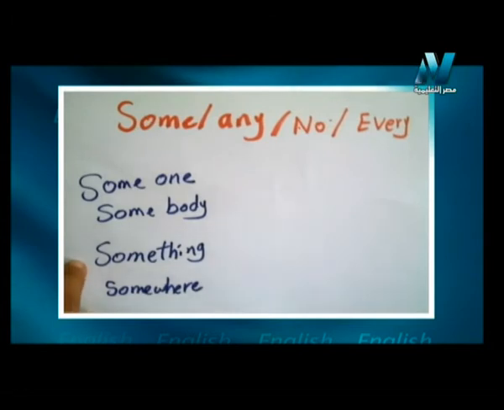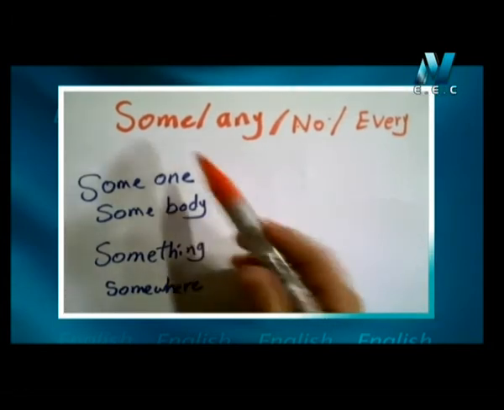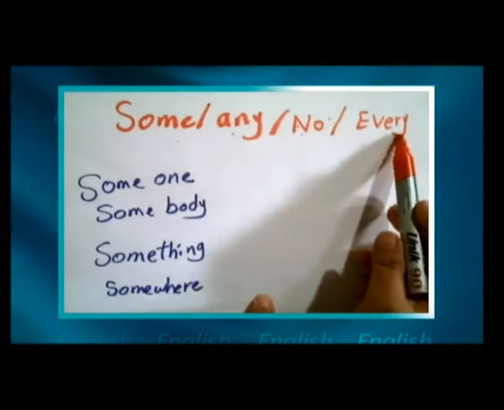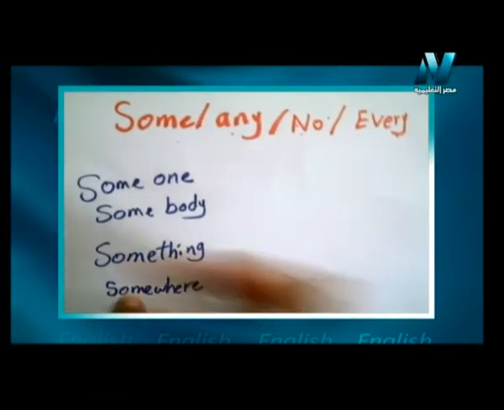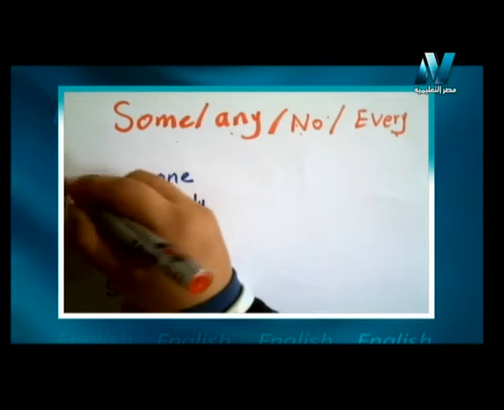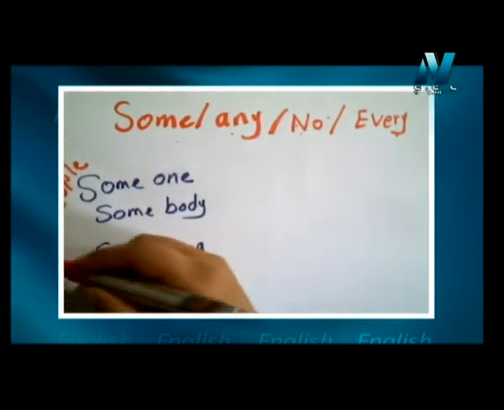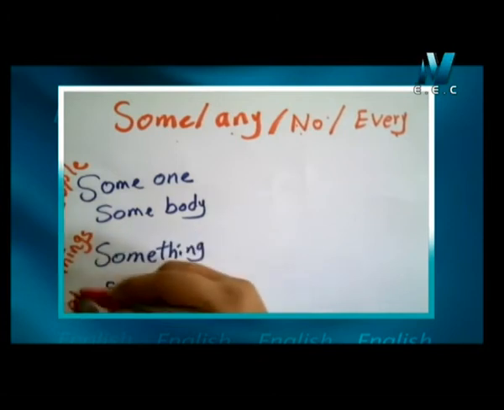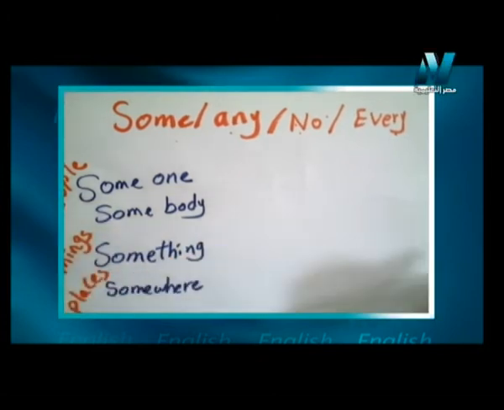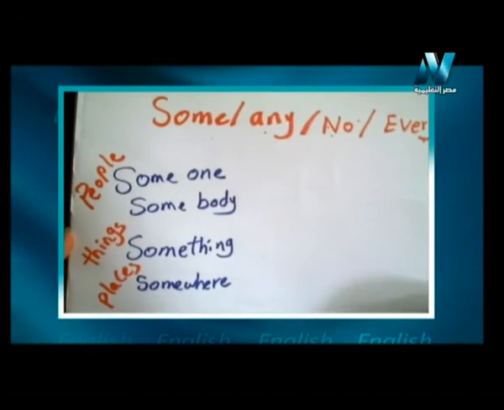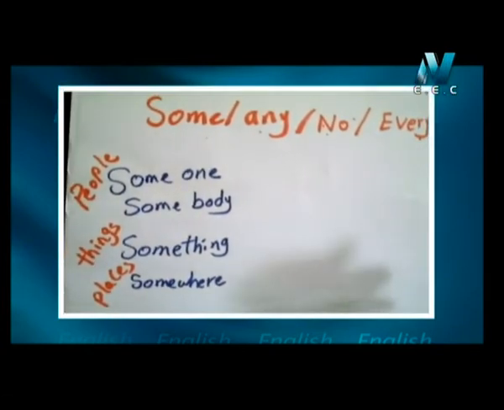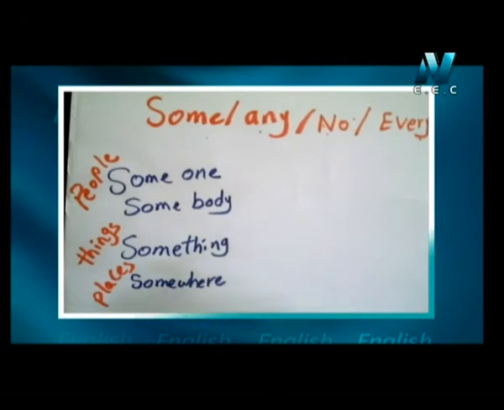Again, I can use these words, some, any, no, or every, to speak about 3 items: people, things, or places. When I'm speaking about people, I'm saying someone or somebody.